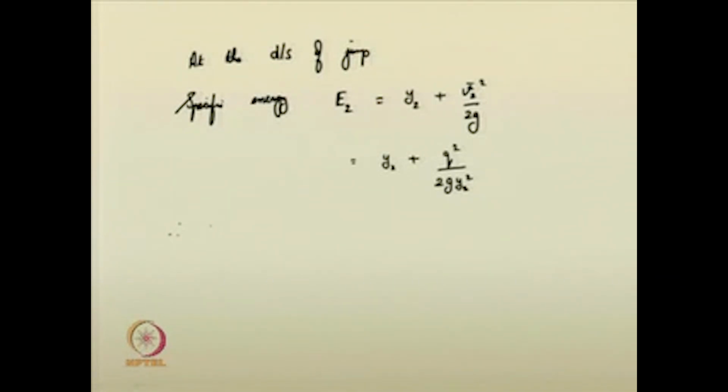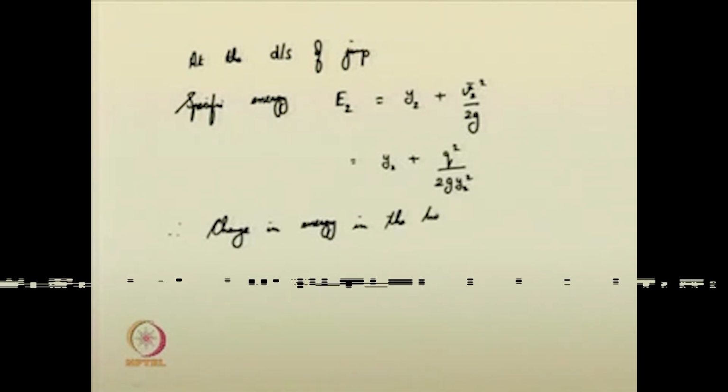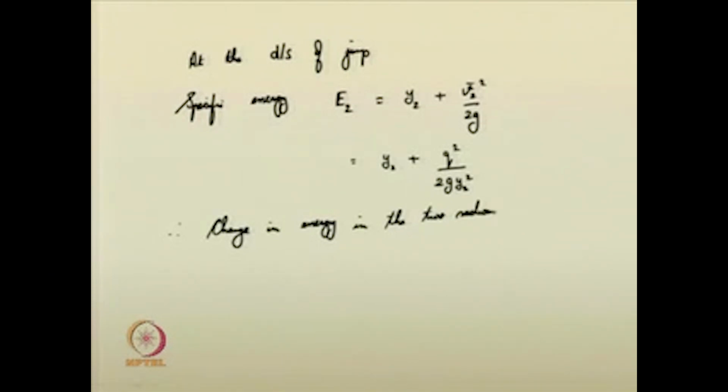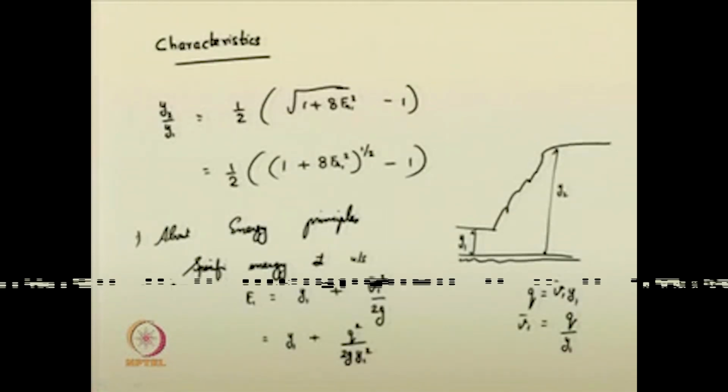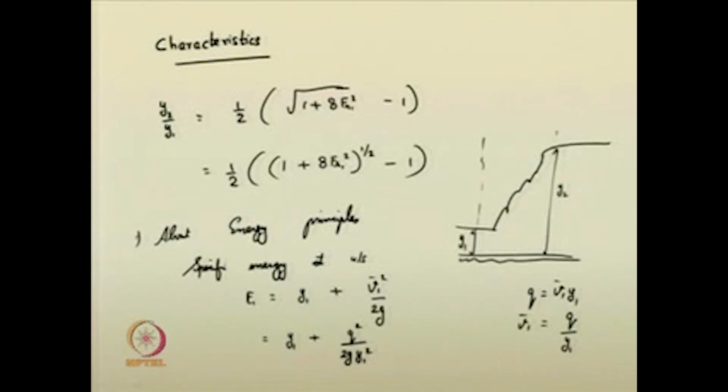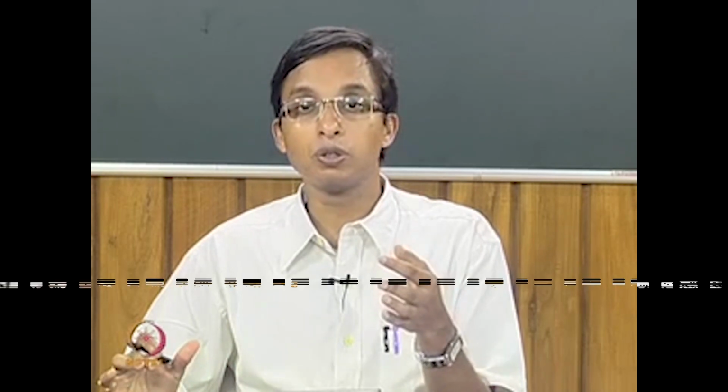Therefore, the change in energy in the two sections. Again I am reiterating that for the hydraulic jump, the reach between the two sections we are taking into account is small. So, we are considering that whatever change in energies at those two sections, it is due to the change in the specific energies at those sections.